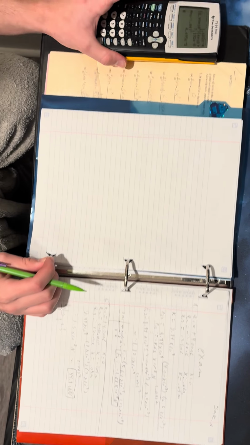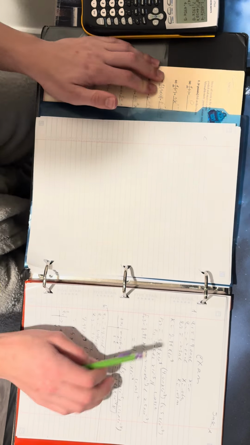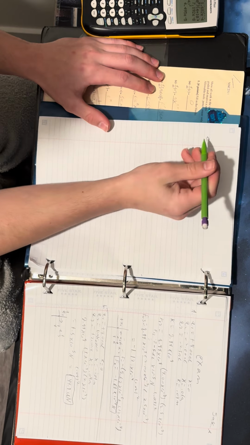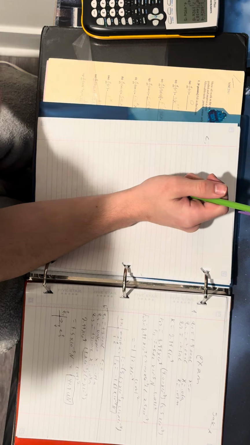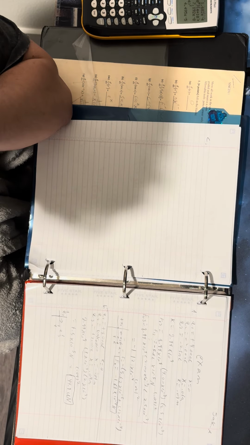But for part C, just checking I'm recording. Part C is asking us to find the x component of the force that charge 2 exerts on charge 3.